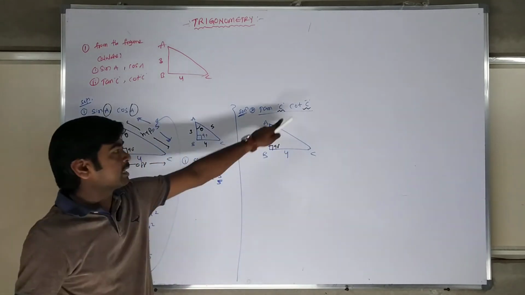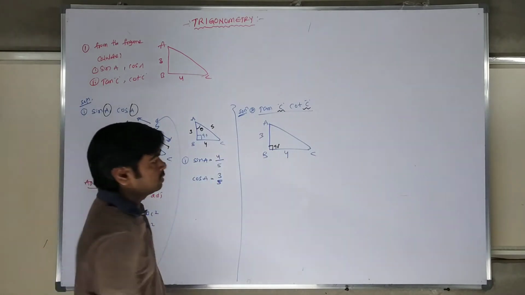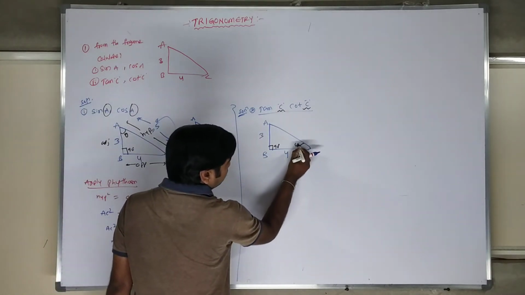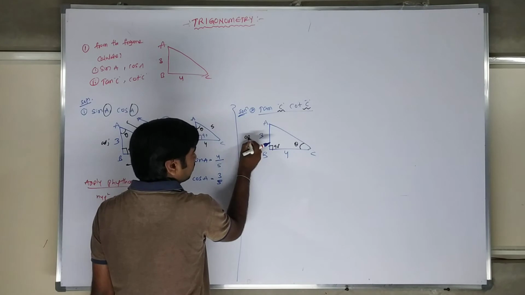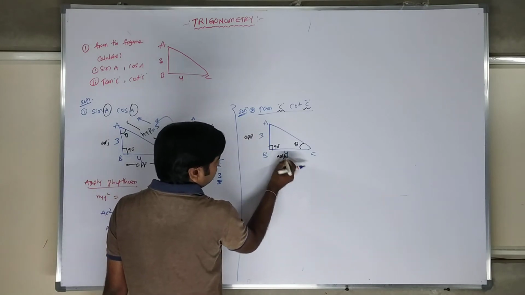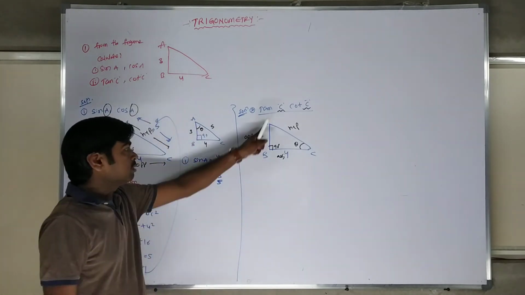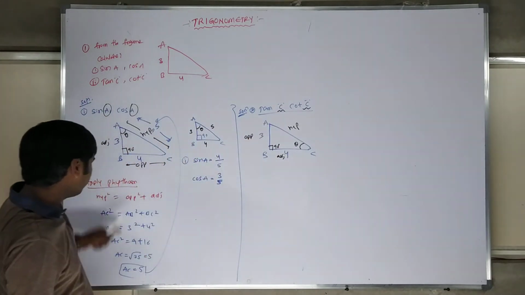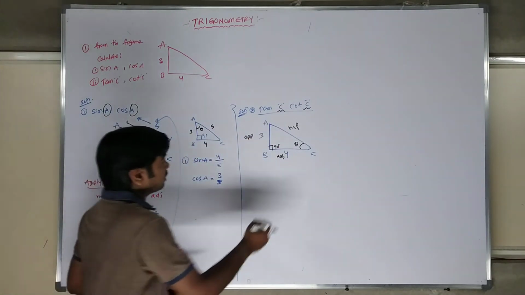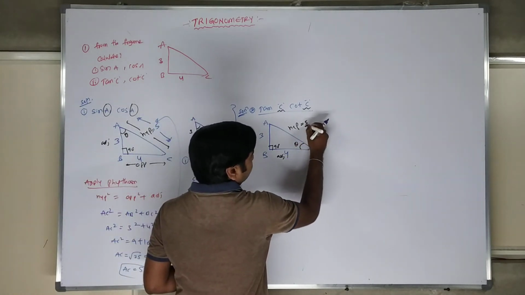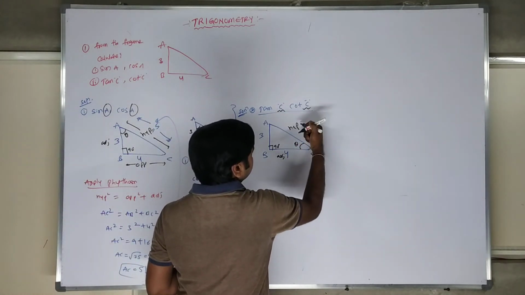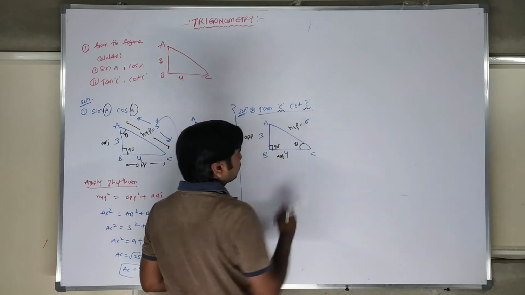Now, since they are asking tan C, the acute angle is at C, so you can write theta here. This is the opposite side, this is the adjacent side, and this is the hypotenuse. The longest side we calculated using the Pythagoras theorem, so we can write directly that it is 5.